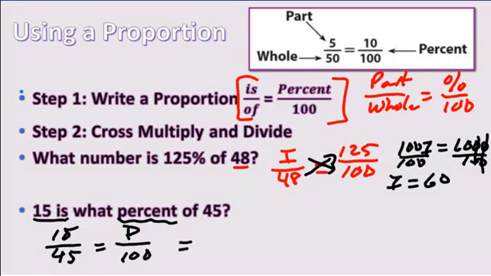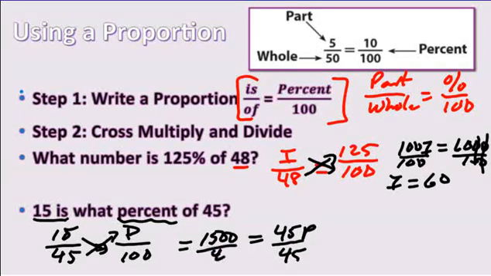So now if I use the cross products, I have 15 times 100 is 1500 equals 45p. Get p by itself, I divide by 45. I end up with 1500 divided by 45. And the percent would be 33.3% repeating.